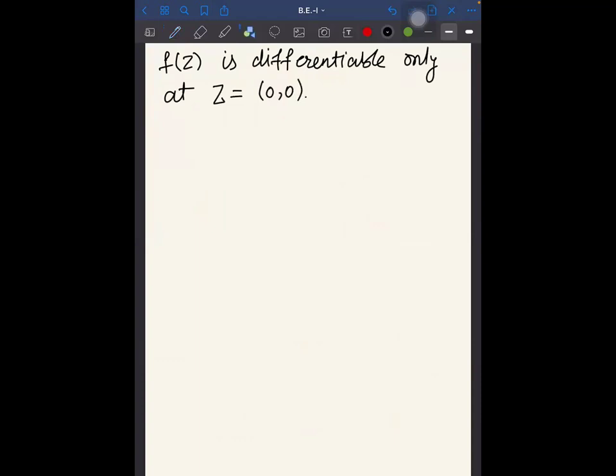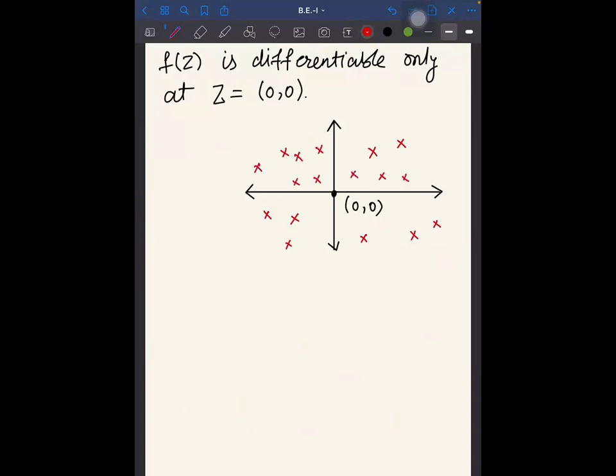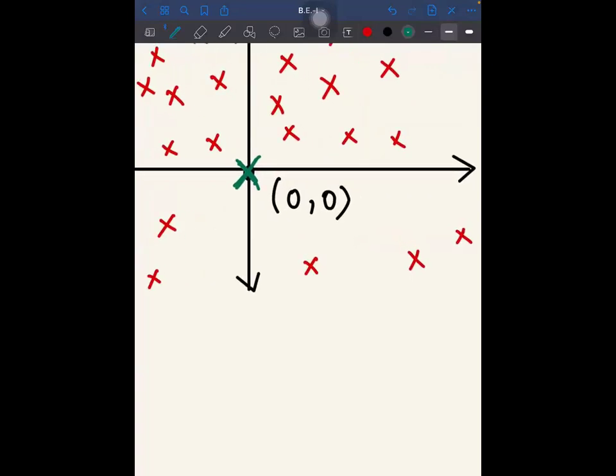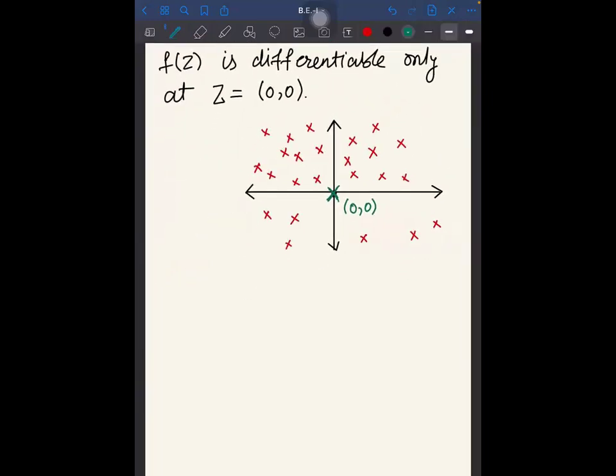That means if you draw a plane, so this is your 0, 0, and at all other points except 0, 0, the function is not differentiable at any other point. The function was differentiable only at 0, 0.